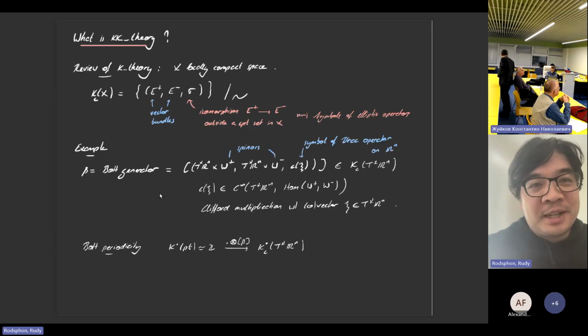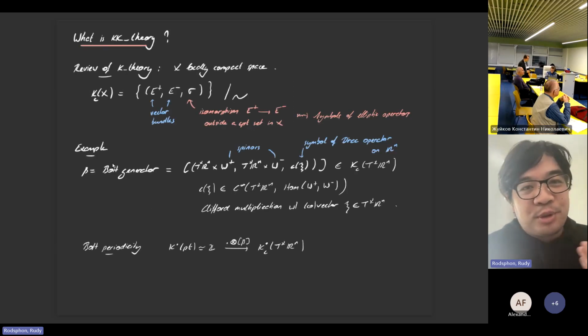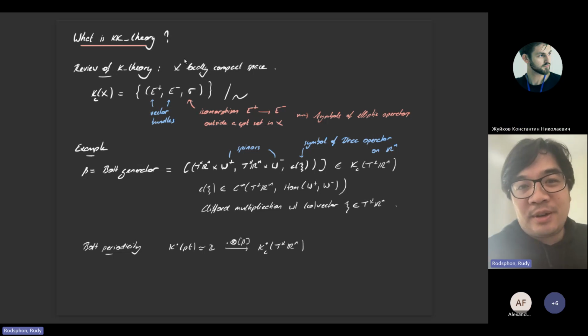Okay, so what is KK theory? Just a brief review of K theory before that. We begin with a locally compact space. K theory is about finding topological invariants through vector bundles.